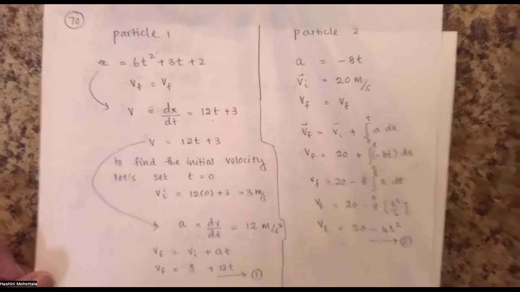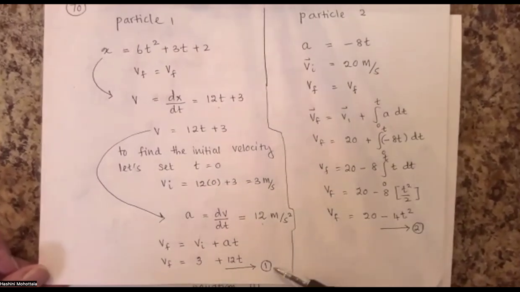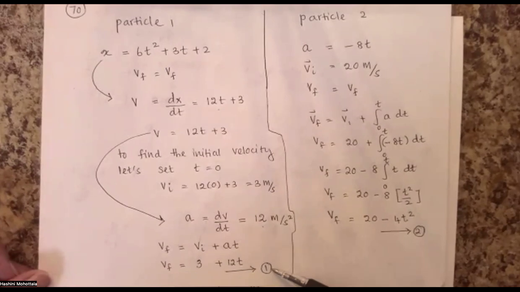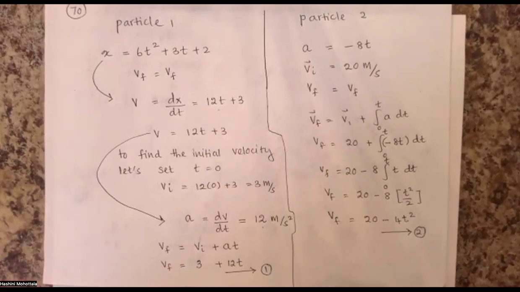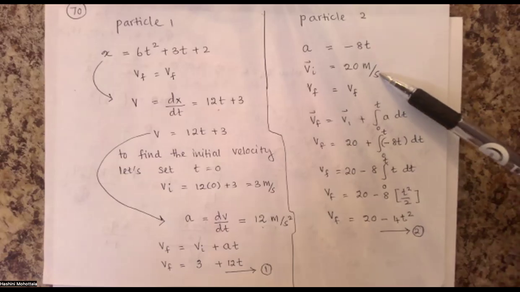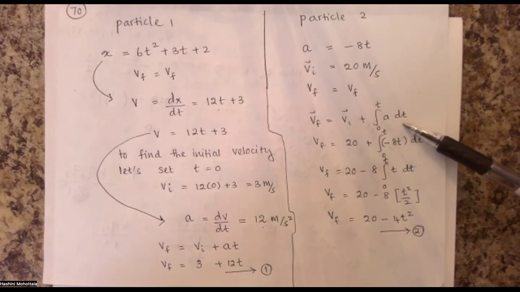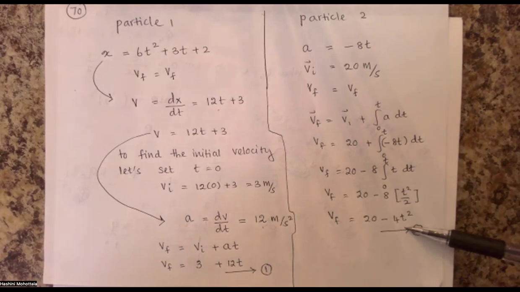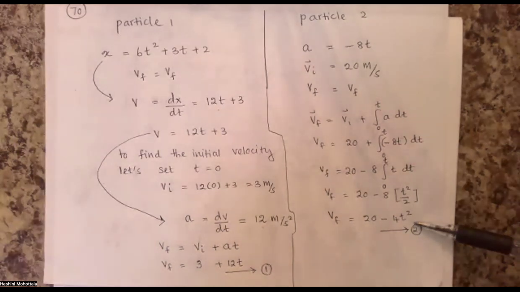Using the kinematic equations, we derived an equation for the final velocity of particle 1. Particle 2 has a variable acceleration with an initial velocity given, and you can find V final, which is 20 minus 4t square. Now, why did I use equation 1 and not 2? No preference. You can use equation number 2 as well, and you should end up with the same answer.